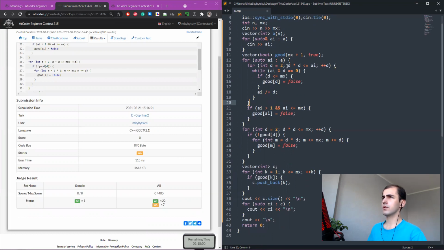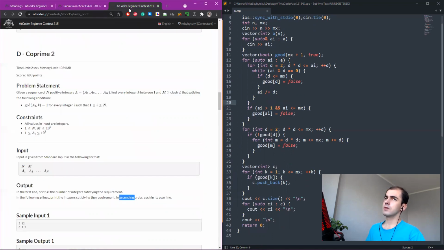So you're wondering, overflow should not be a problem because all the values are up to 10 to the 5th. We only loop up to square root of numbers here and here.